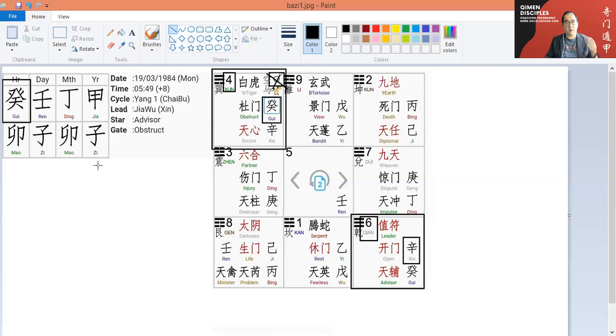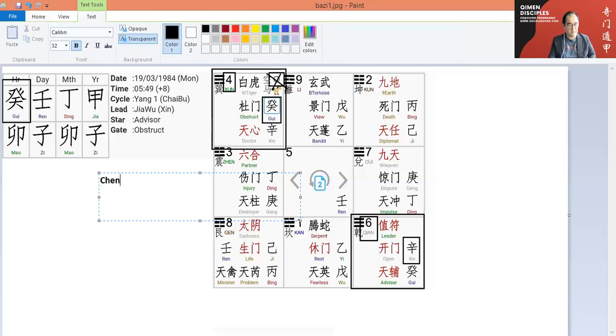So in order for this emptiness to be filled under the branches category for this chart only, we will need to look at Chen year and then Si year. Let me write it down. Chen year, Si year, which is in box number 4.